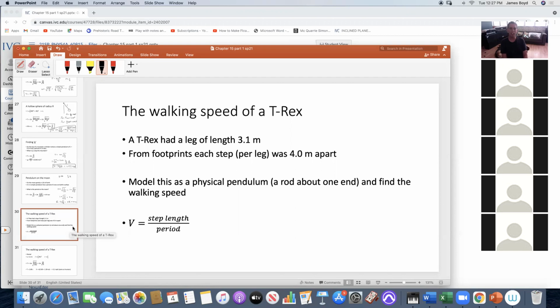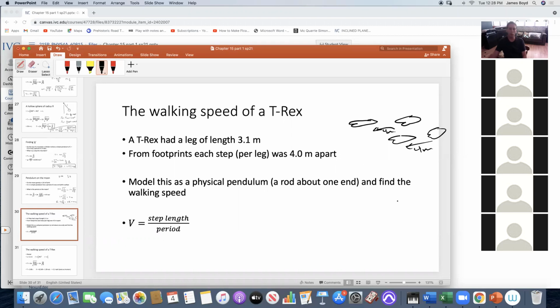They got basically, this was only like 2 weeks ago, the same answer that has been in University Physics forever. So imagine a T-Rex has a leg of length 3.1 meters. And you're looking at its footsteps, its right foot and its left foot, and you realize that these steps are occurring every 4 meters, right?